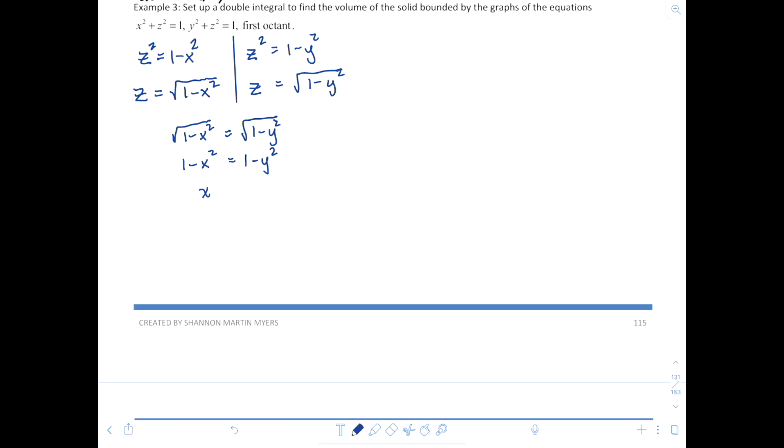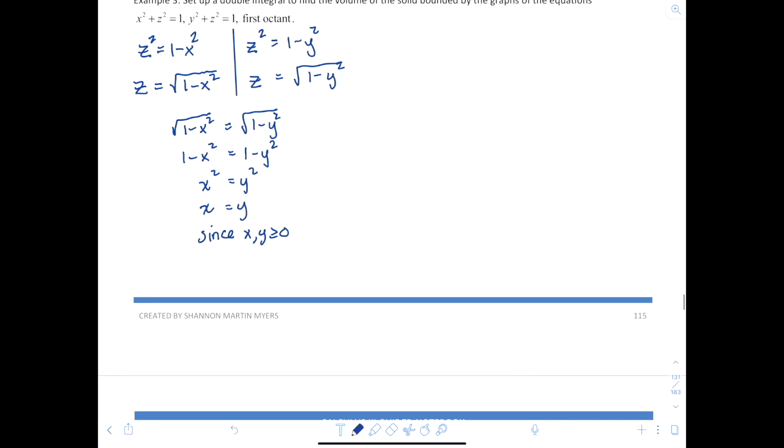And that means x squared has to equal y squared, and so x has to be y. And that, of course, is since x and y are greater than or equal to 0. Groovy? Okay. So, we can set it up however we want.